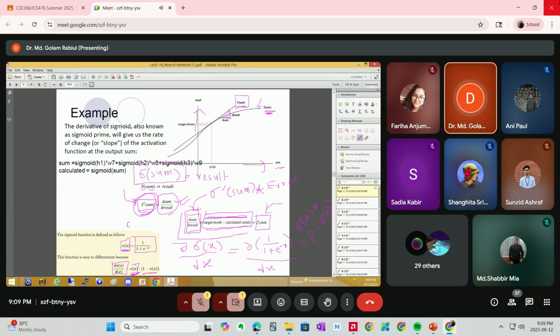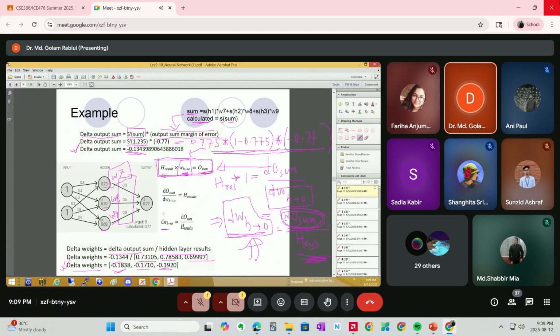Similarly, for the sigmoid of the hidden sum, instead of the sum, we have the hidden sum: delta hidden results by delta hidden sum, in the case of our hidden layer nodes.